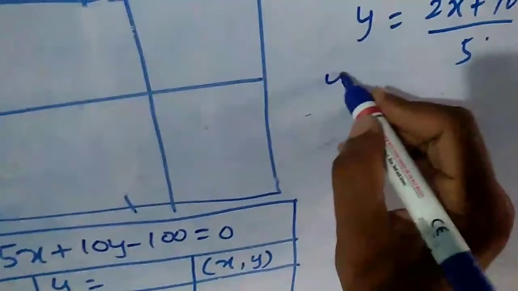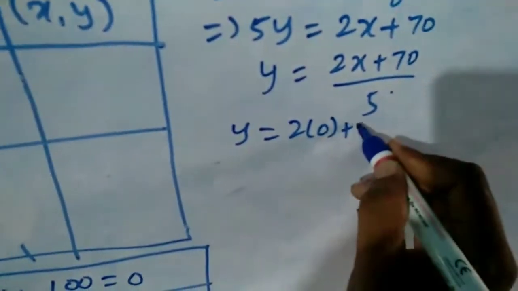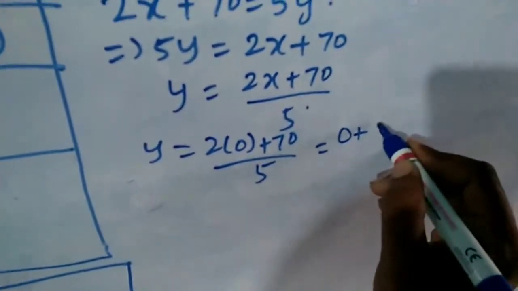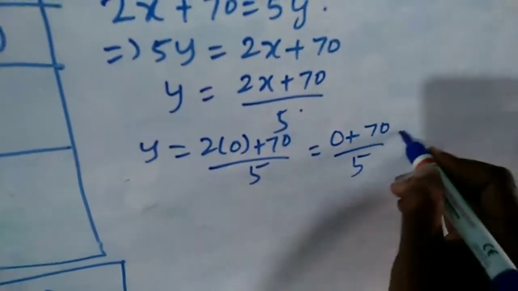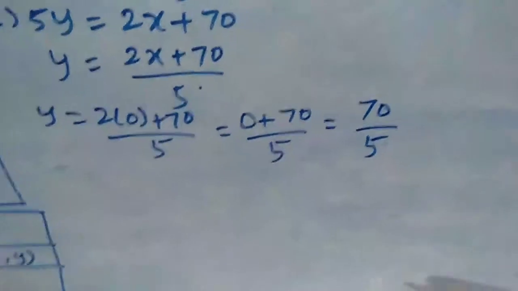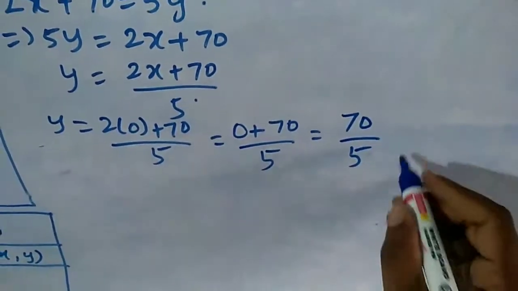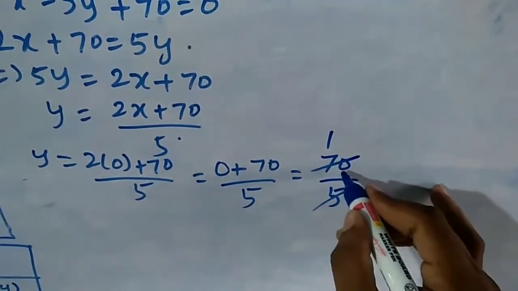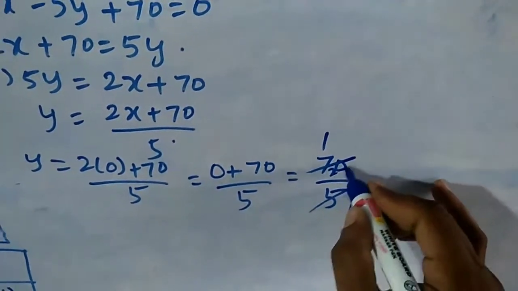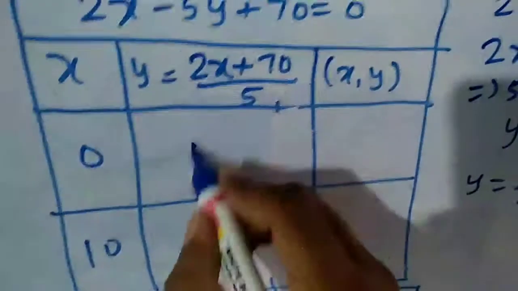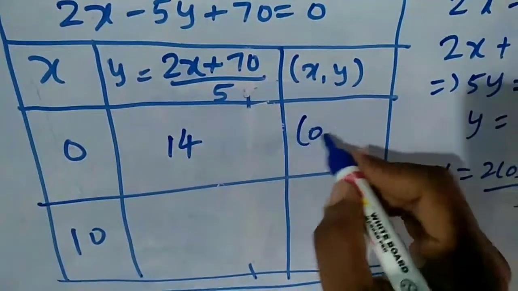So y is equal to 2 into 0 plus 70 by 5. 2 into 0 is 0, 0 plus 70 is 70, 70 by 5. 5 ones are 5, carry 2, 20, 5 fours are 20. So it is 14. So 0 comma 14.